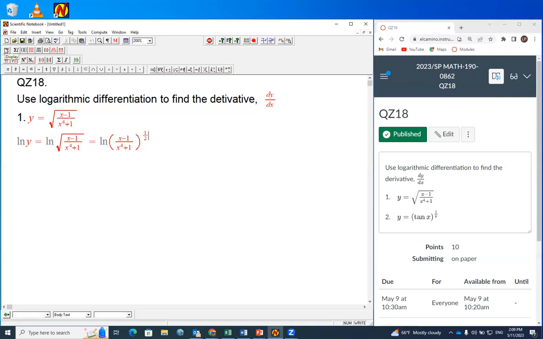By the power rule of logarithms, we will have 1/2 of the logarithm of the quotient, and we can then apply the quotient rule of logarithms, which is going to give us 1/2.